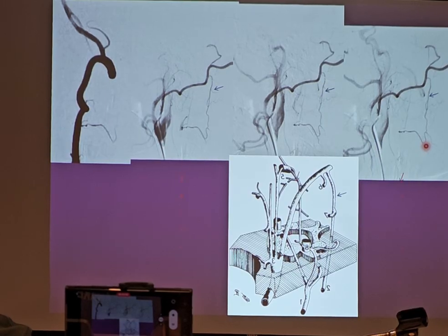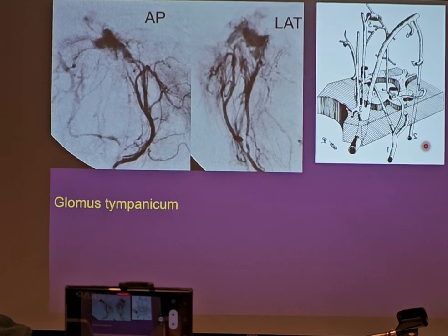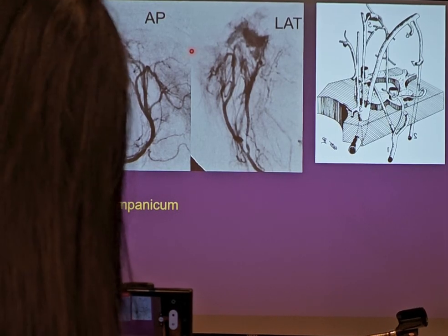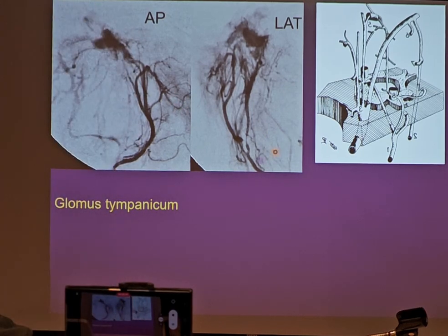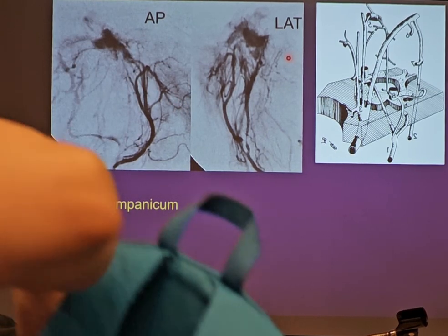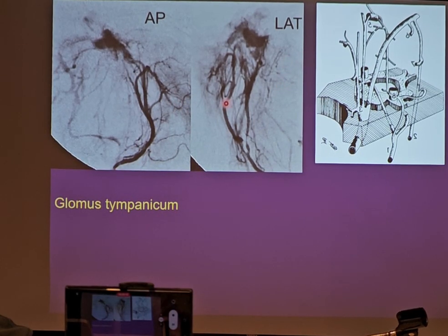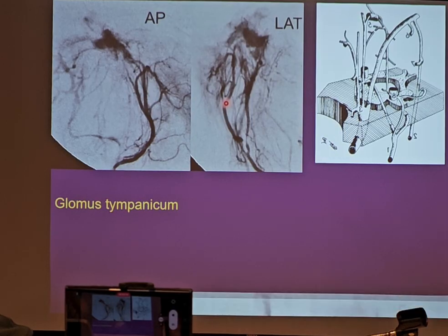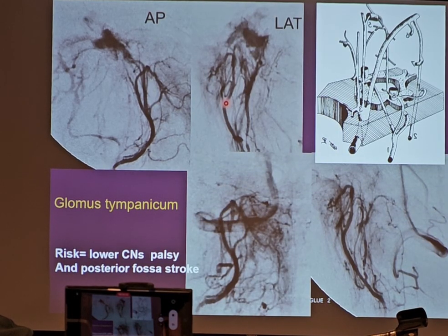It's there. So the real clinical usage is now you are dealing with a glomus tympanicum and you are requested to do embolization, and you hook in and super selectively embolize, and you need to know that this is after embolization.